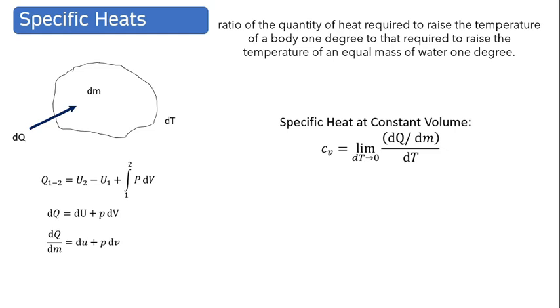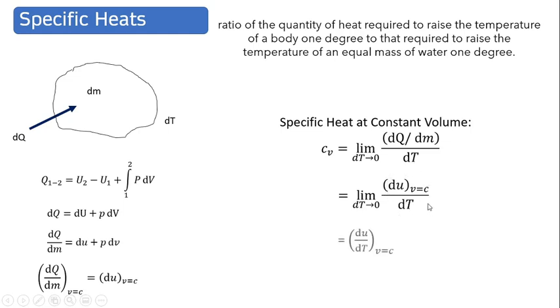And if the volume remains constant, the equation becomes like this. So now if we put this value of dq by dm at constant volume in the expression of specific heat at constant volume, we find that the equation becomes du by dt at constant volume, the definition of Cv.